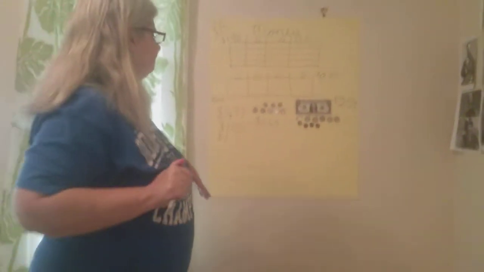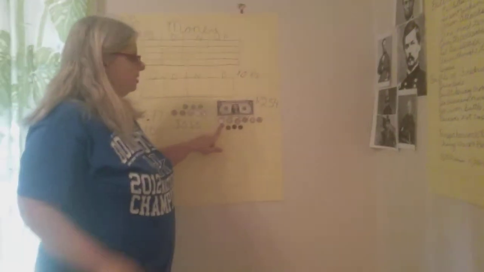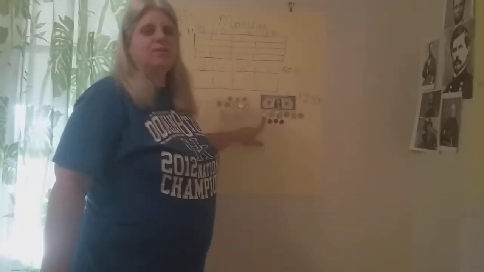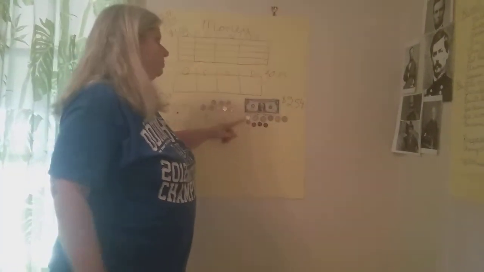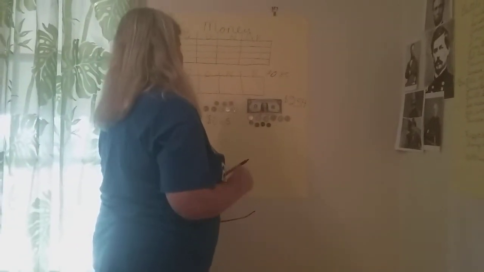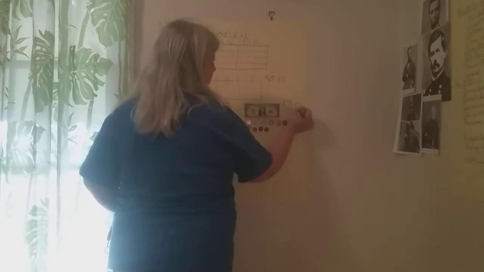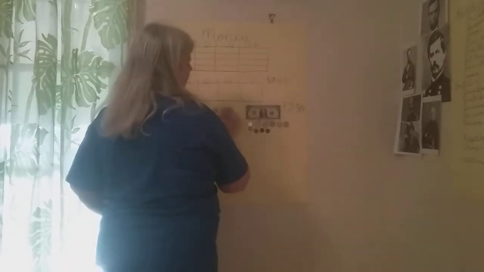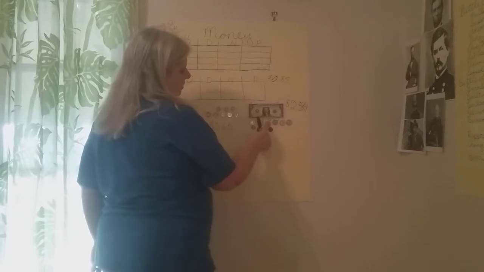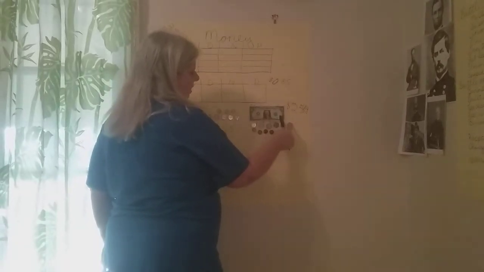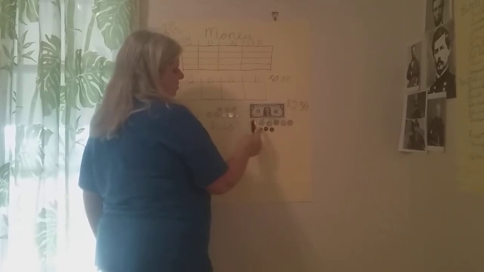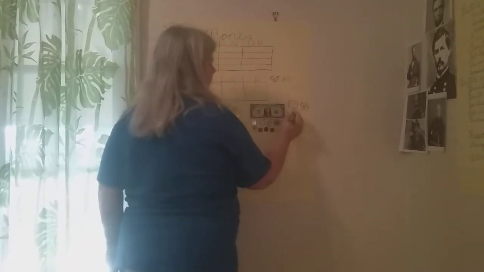Oh, I made a mistake because my dime is a little crusty looking. I counted him as a penny and he's really a dime. So I thought that looked wrong because I thought it was supposed to be 64 cents, I mean 63 cents, because he's supposed to match that one. So $1, $1.25, $1.50, $1.75, $2, $2.25, $2.50, $2.60, $2.61, $2.62, $2.63.